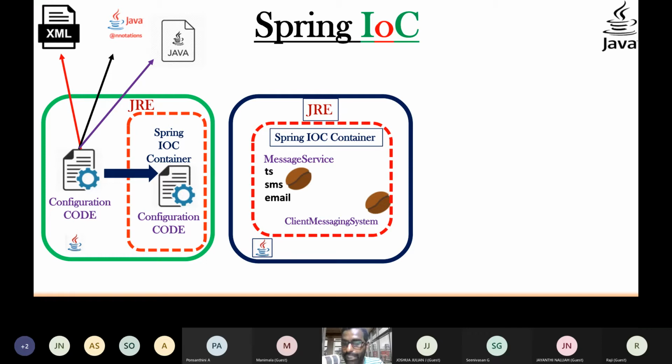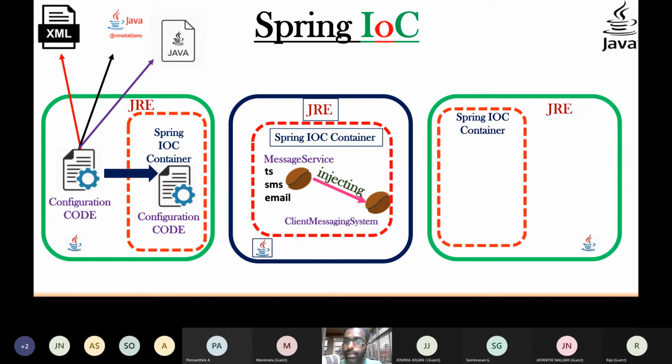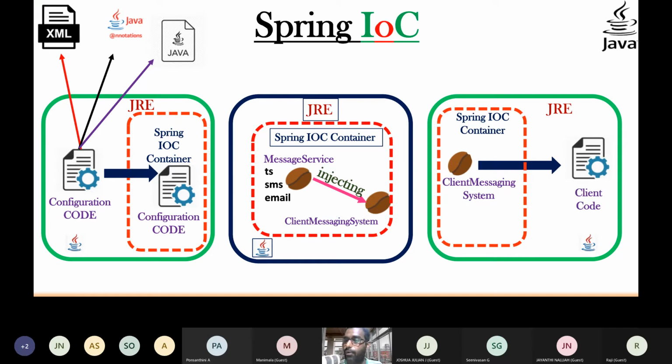The programmer manually injected it. But this time it's going to be handed over by the IOC container. So the client messaging system will get any one of the instances through an injecting mechanism, so that the client messaging system instance will finally be handed over to the end user, and the respective client code will get executed.